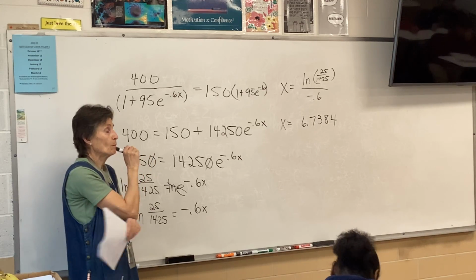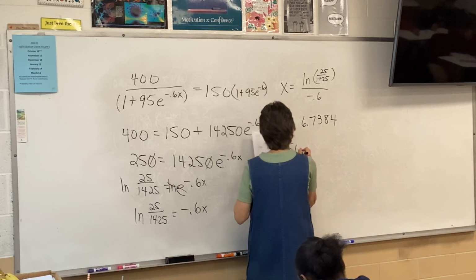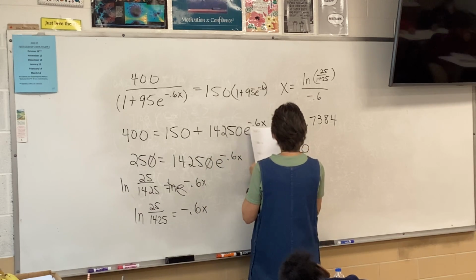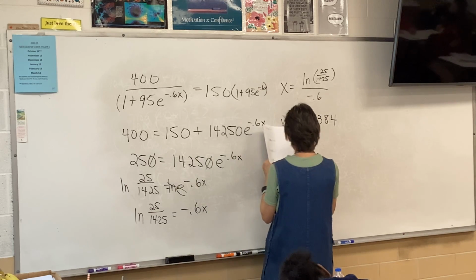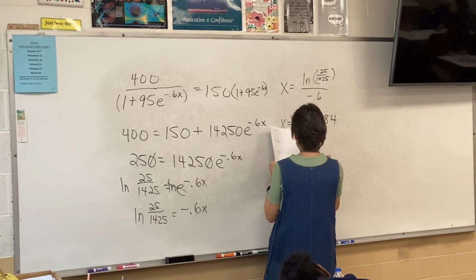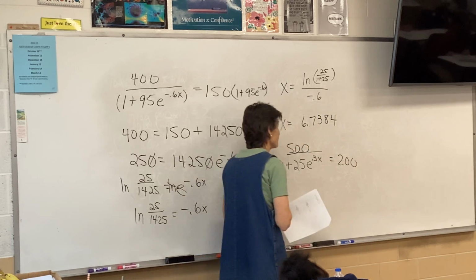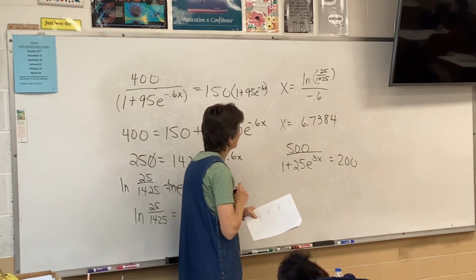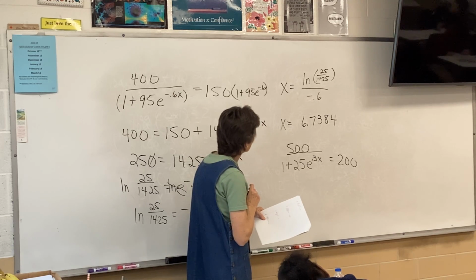Okay, I want you to take a minute with your neighbor and do the next one. It is very, very similar. And that's J. Do J. We're doing J now. Where does the x from negative 0.6 go?